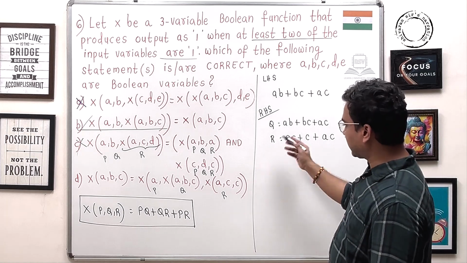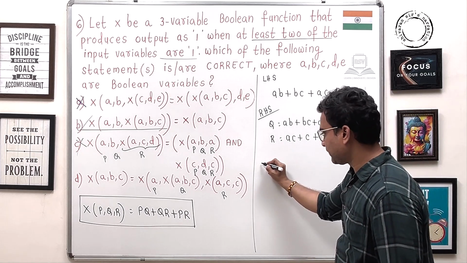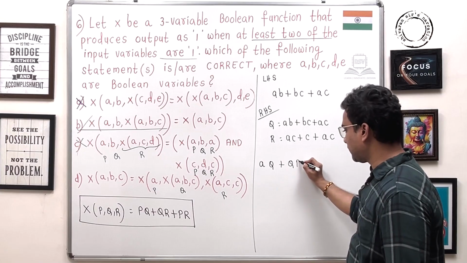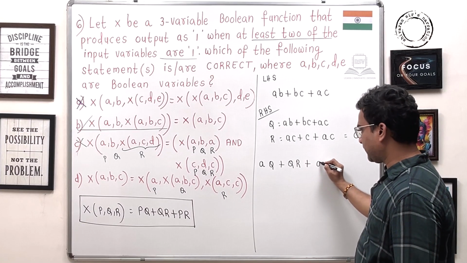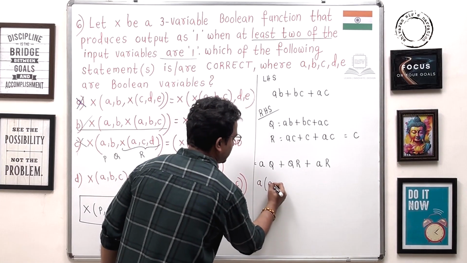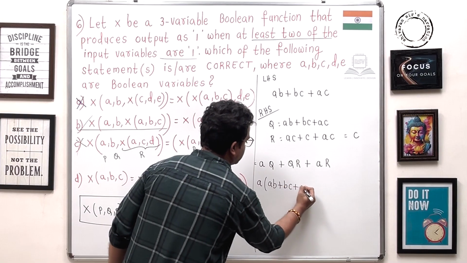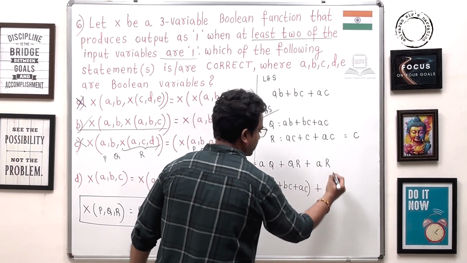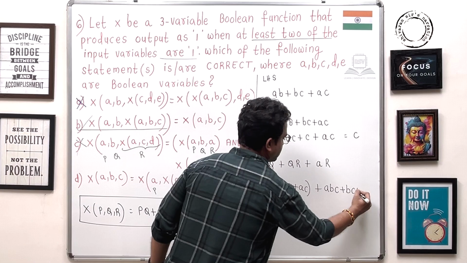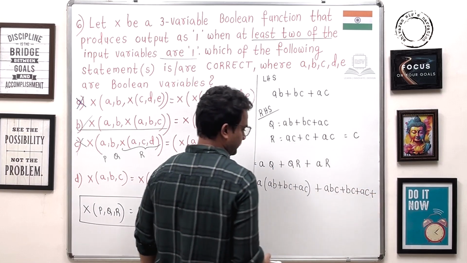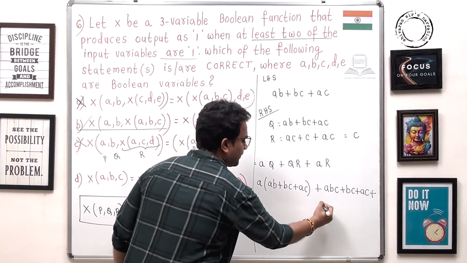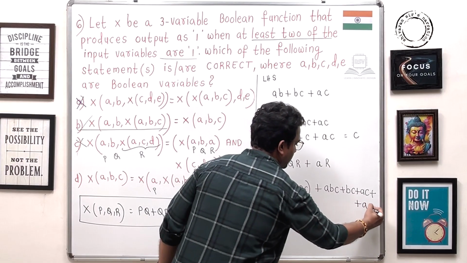Now, if you write directly, it is AQ plus QR plus AR. Now, A into Q means AB plus BC plus AC. QR means ABC plus BC plus AC. Again, AR, A into R, this one means AC.